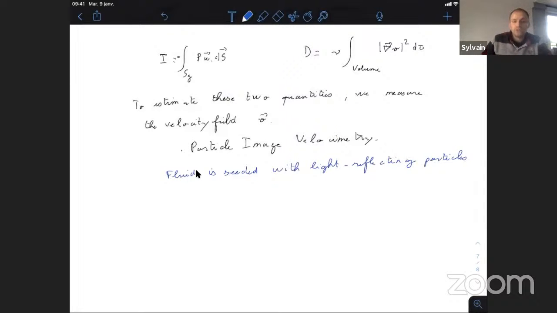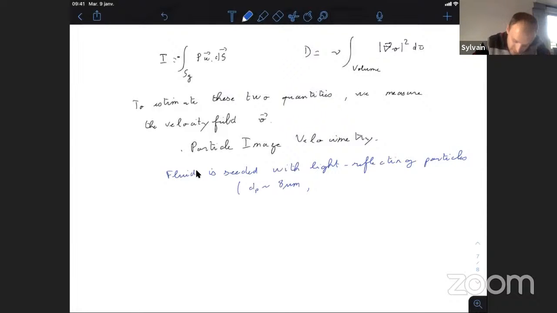The particles are usually very small, so typically we use particles of a size of a few microns. In fluid mechanics, we try that these particles have their density equal to the density of the fluid. Of course, for stratified fluid, it's not possible except at one height.